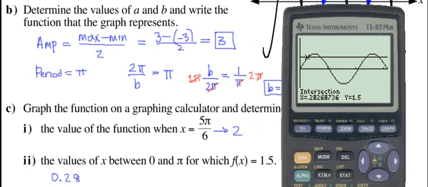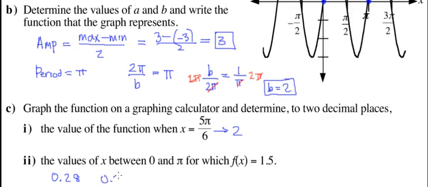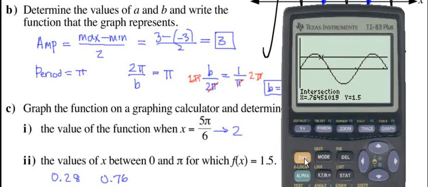I encourage you at this point to pause the video and smash out the other 3 points yourself to make sure you know how. I'll just carry on and find them real quick. Intersect, blah, blah. And put the guess here. 0.76. Second calc, intersect, enter, enter.